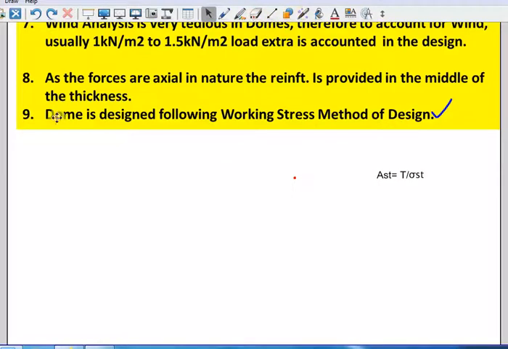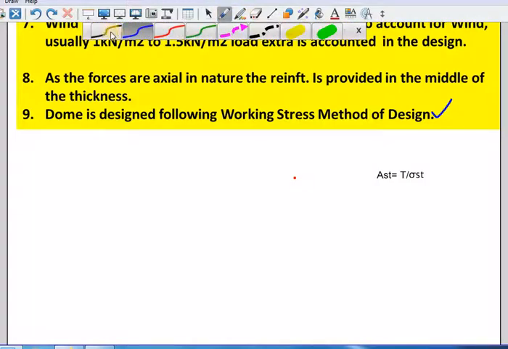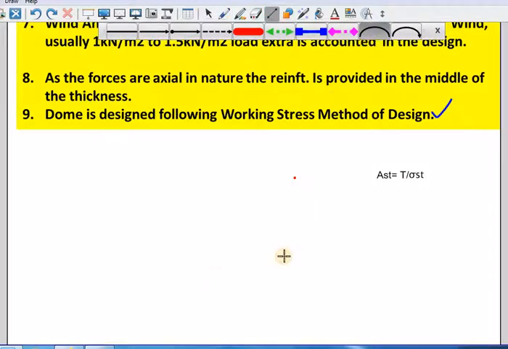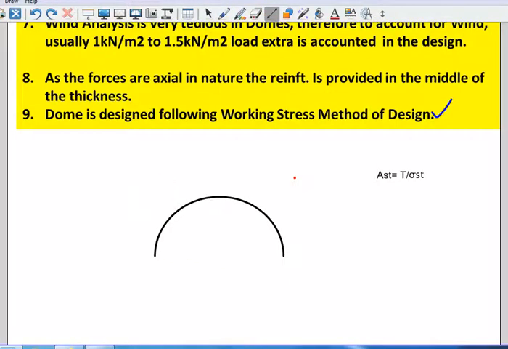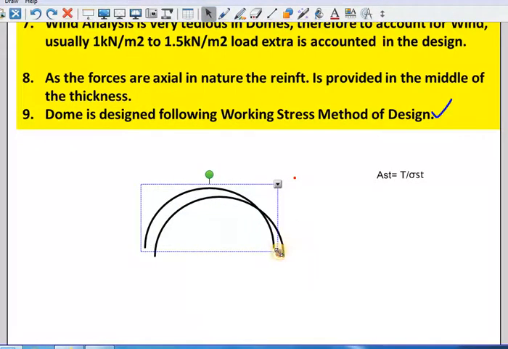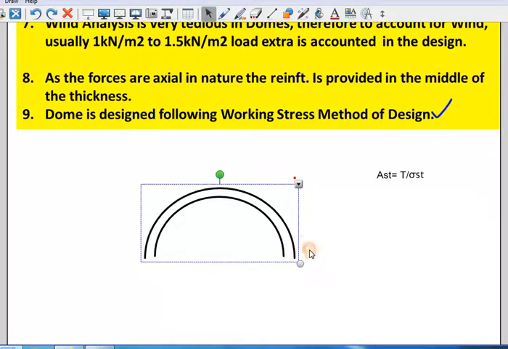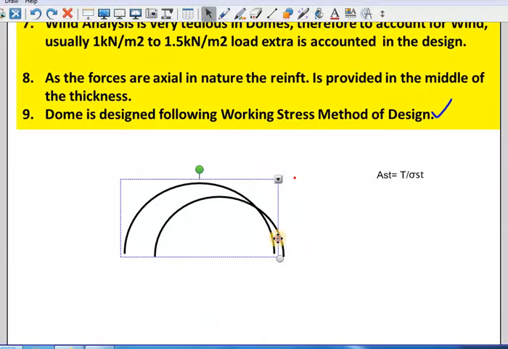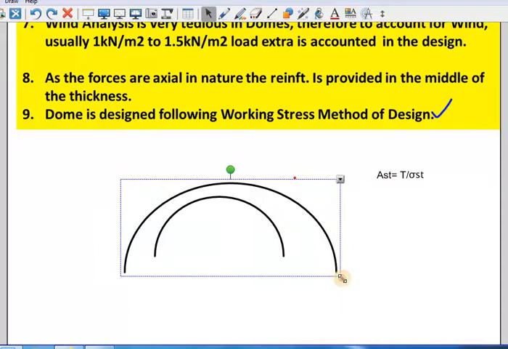Okay, so what is the explanation of the point 8 is, your dome is like this actually. Let us say I take this is a dome. One point and another point. This is a thickness. We make it a bit bigger so that it will be easy for you to understand.